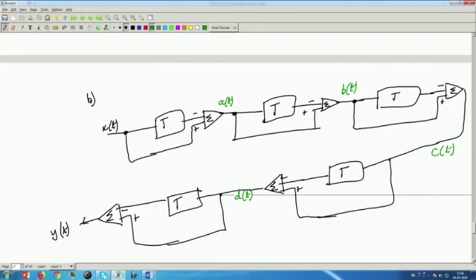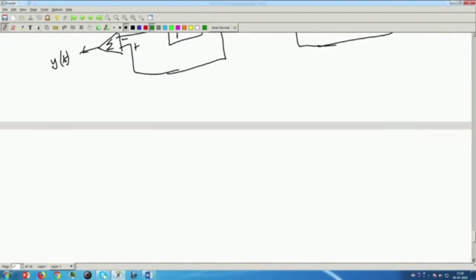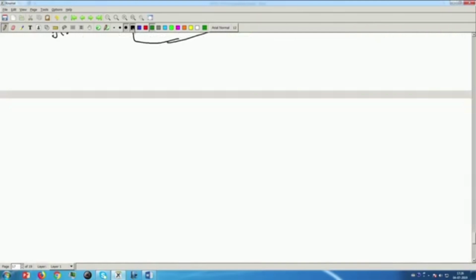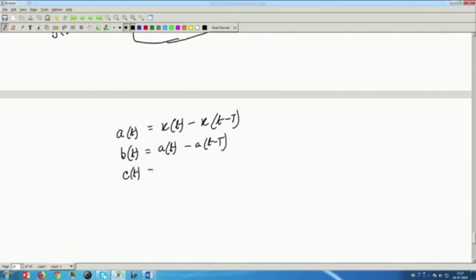So I can write what is A(t). A(t) is x(t) minus x(t minus T), B(t) is A(t) minus A(t minus T), C(t) is B(t) minus B(t minus T), D(t) is C(t) minus C(t minus T).